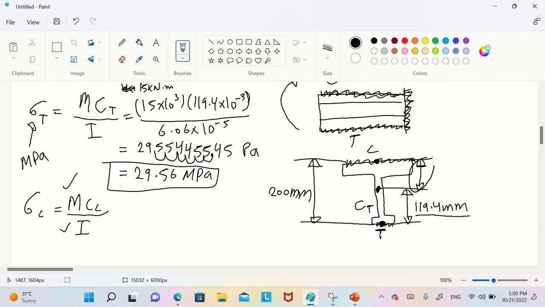So for this one, you will say 200 minus 119.4. You will get the distance between the center of the whole thing to the maximum compression.